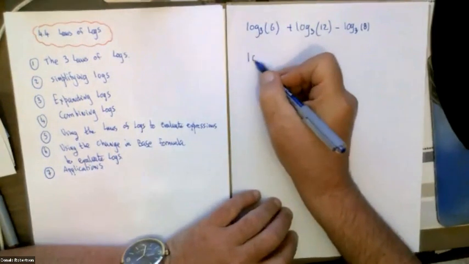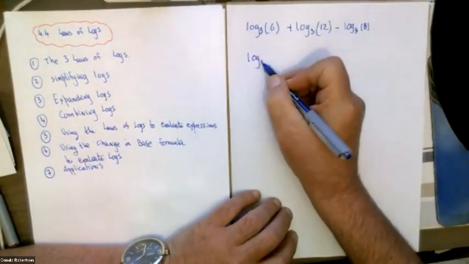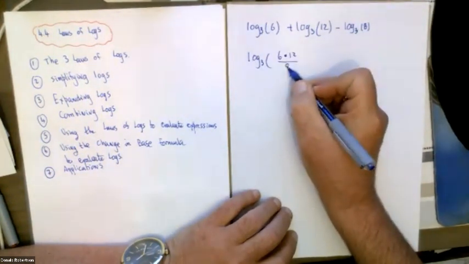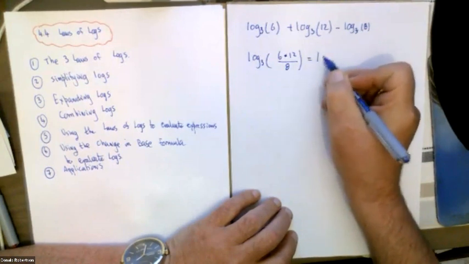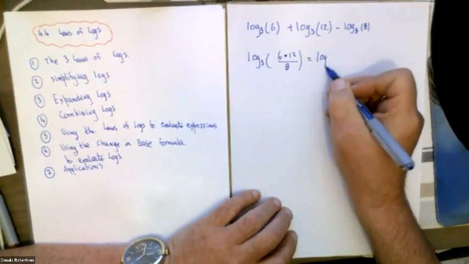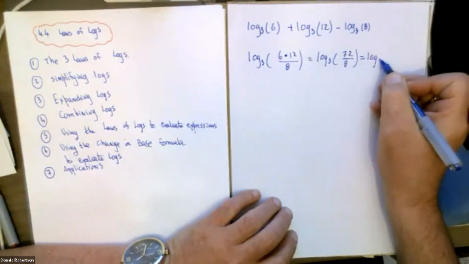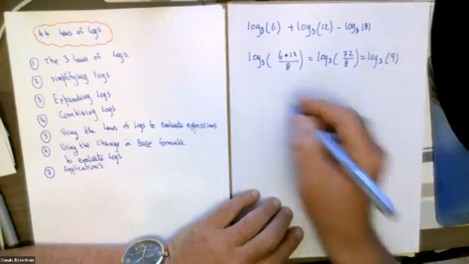So it's a log to base 3 of 6 times 12 divided by 8. So it's a log to base 3 of 72 divided by 8, which is a log of 9.